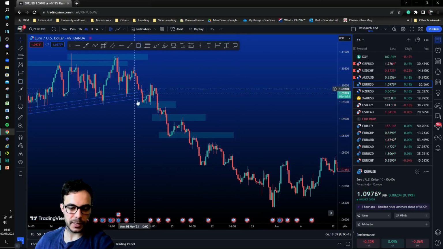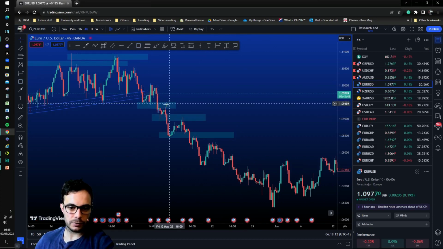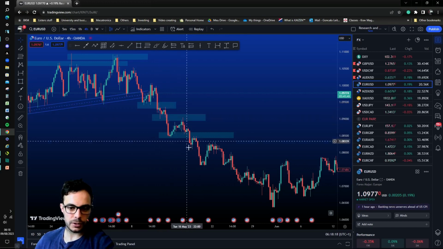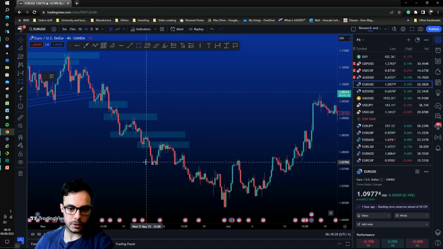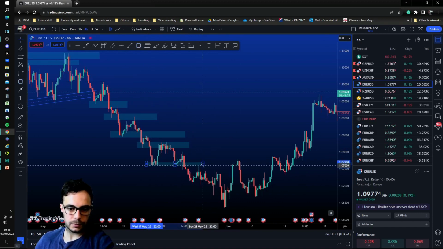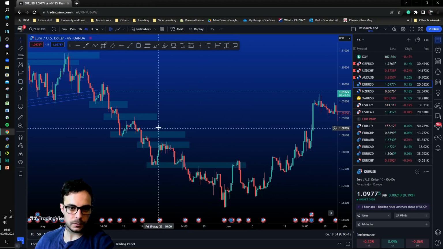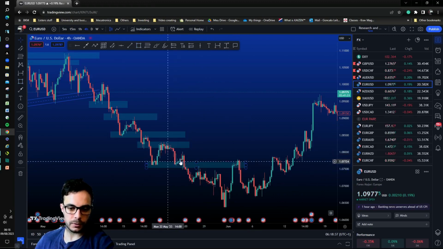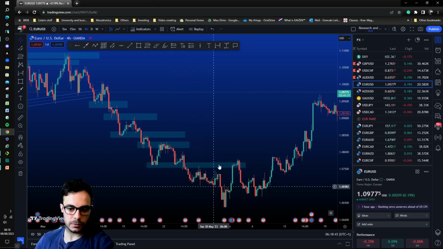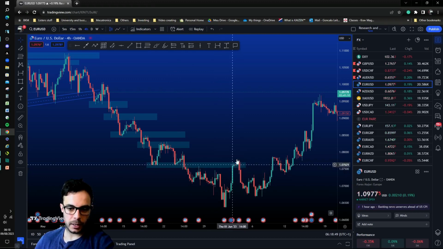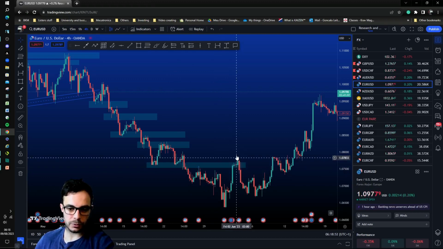As you can see, it's respecting the levels of support, broke out, resistance, broke out, this was support, and now transforming to resistance, broke out, resistance, broke out, resistance, there's a level of support, broke out, touched as support, bounced, broke out, touched resistance, almost touching it again, broke out again, came back up, resistance, it broke out a little bit, so it's a false break, came back down.